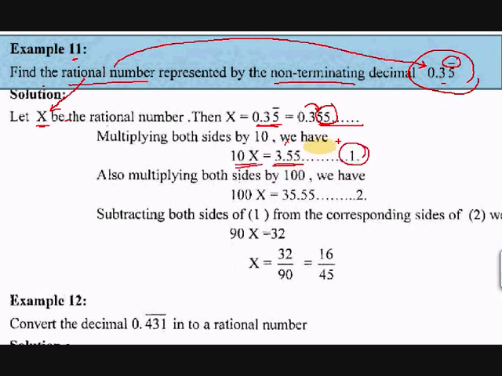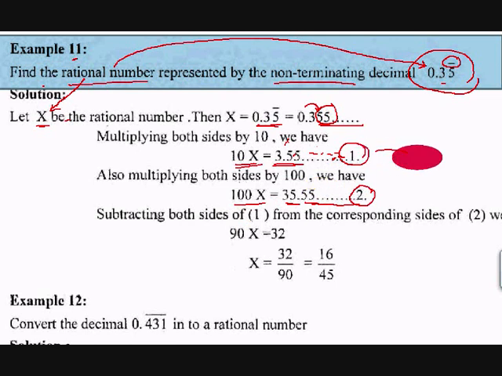This is equation number 1. Also multiplying both sides by 100, we get 2 digits to the right and the rest goes on repeating. That is the second equation.